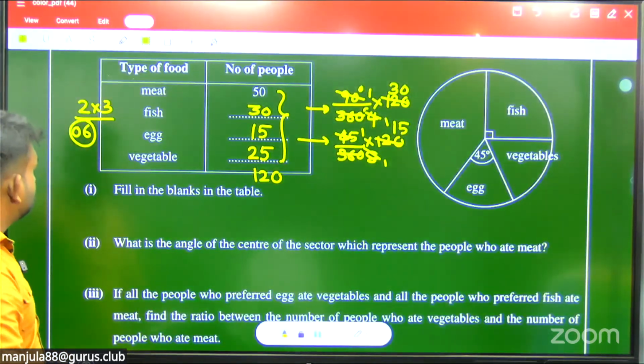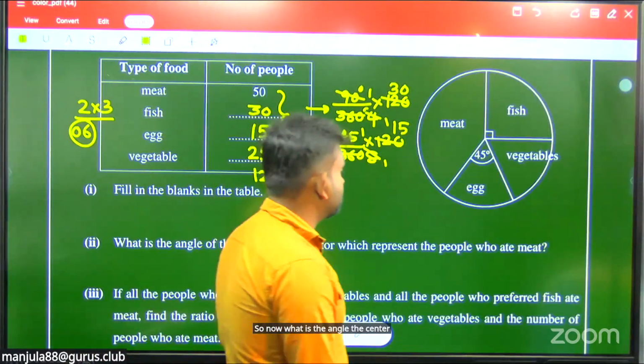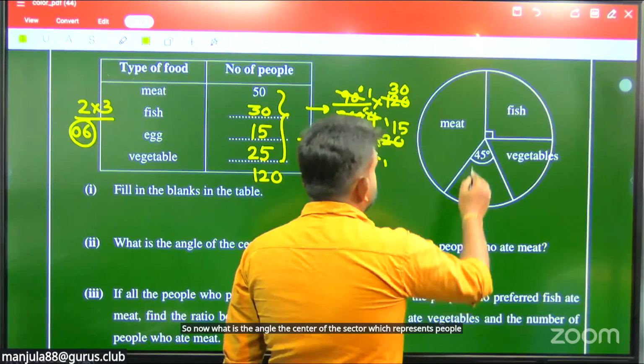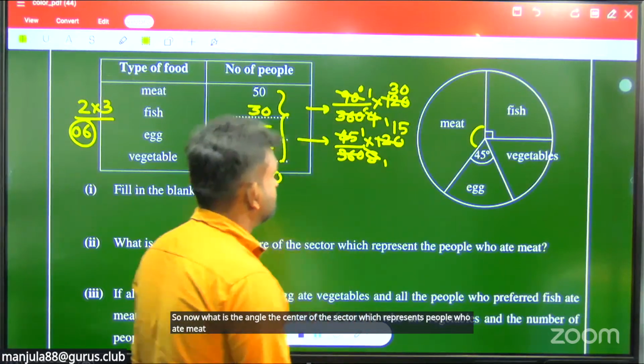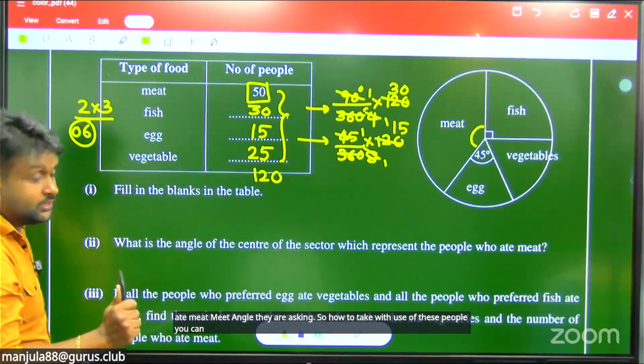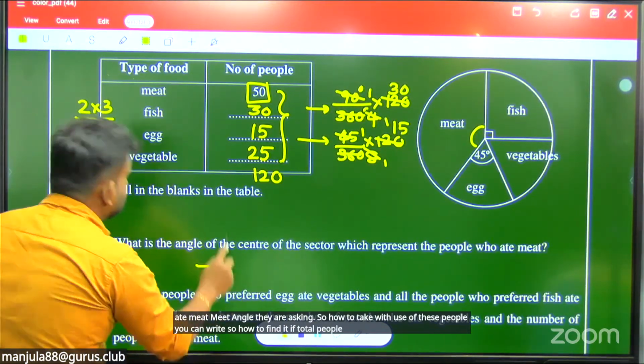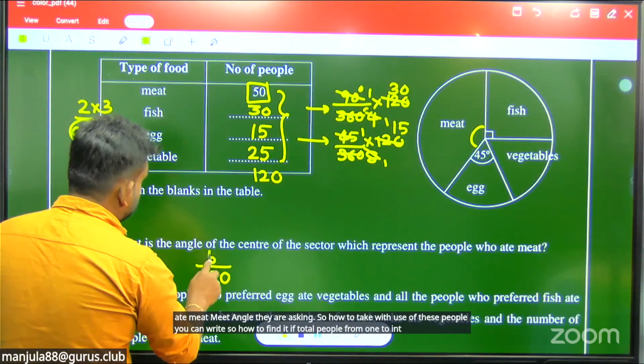Now, what is the angle at the center of the sector which represents the people who ate meat? They are asking for the meat angle. With these people counts, you can write. If the total people are 120, the meat is 50.